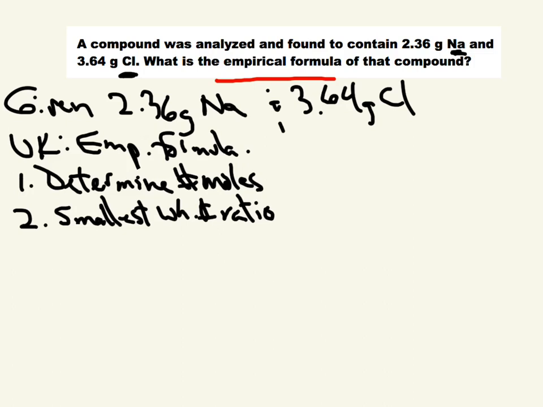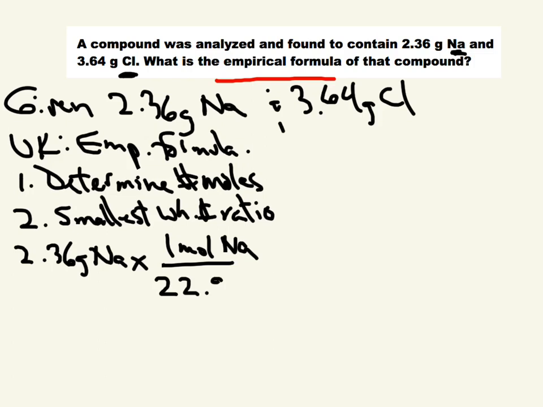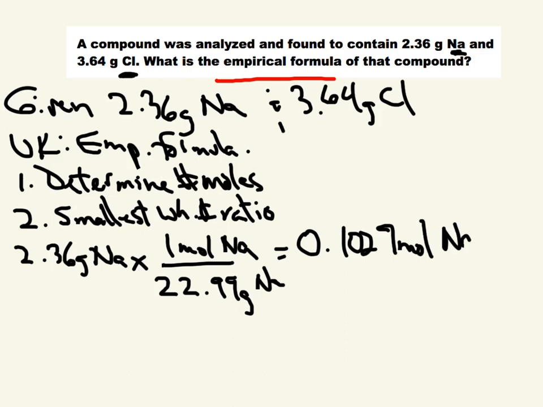So we're going to go from grams to moles of sodium. We have 2.36 grams of sodium, and we know that for every 1 mole of sodium, looking at the periodic table, we have 22.99 grams of sodium. So that's going to end up with 0.1027 mole of sodium.